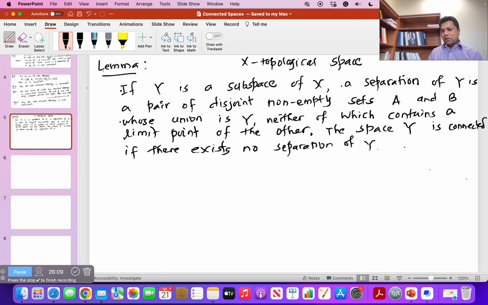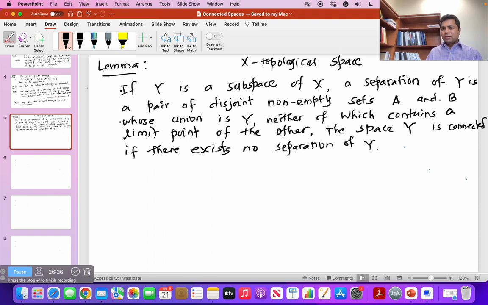Let's say Y is a subspace of a topological space. Then a separation of Y is a pair of disjoint non-empty sets A and B in Y, and neither of which contains a limit point of the other.